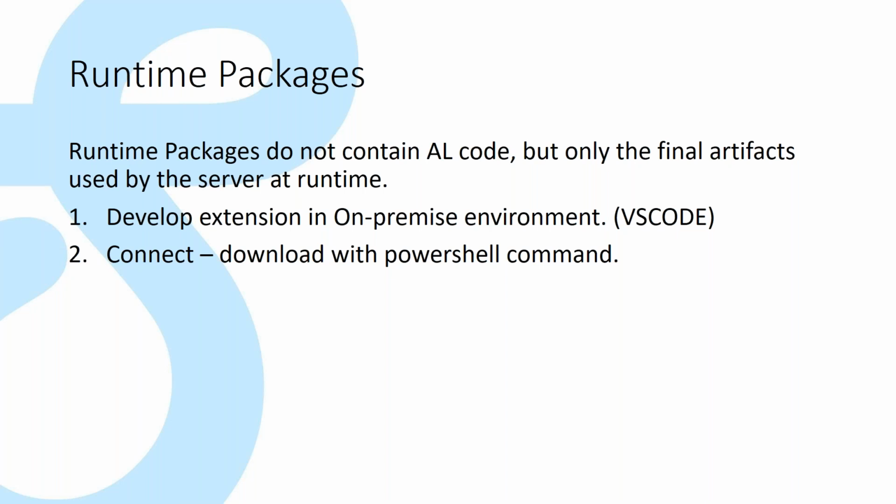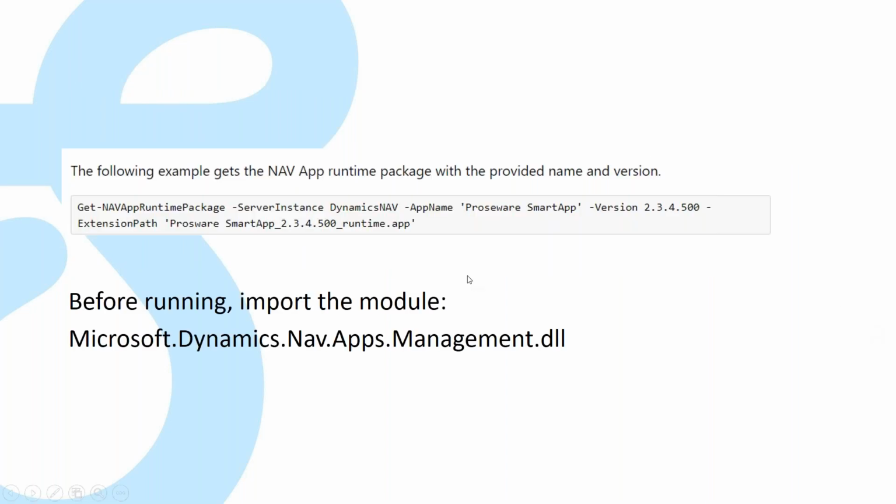Once this is done, we can connect to that server and download the runtime package with a PowerShell command, and it will download with the runtime objects only.